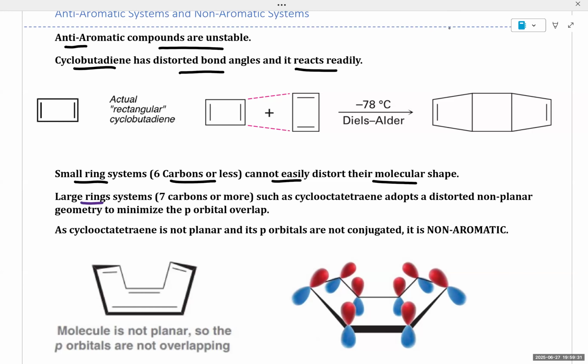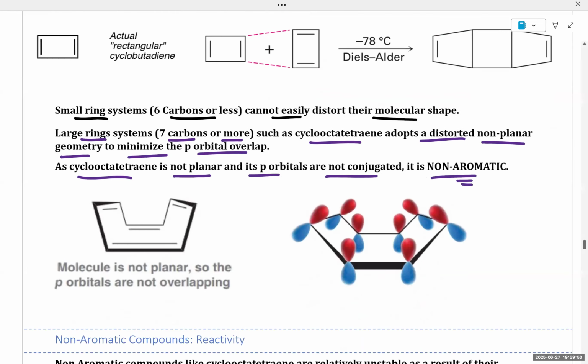However, when we get to large ring systems, 7 carbons or more, such as cyclooctatetraene, large ring systems can adopt distorted, non-planar geometries to minimize p orbital overlap. As cyclooctatetraene is non-planar and its p orbitals are not conjugated, it's known as a non-aromatic compound.